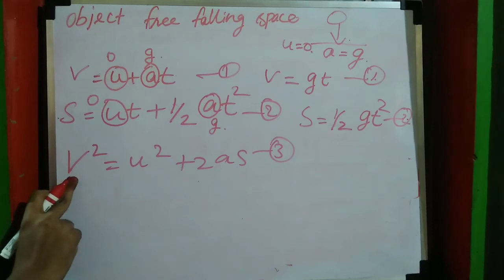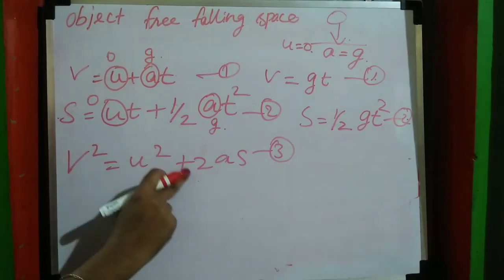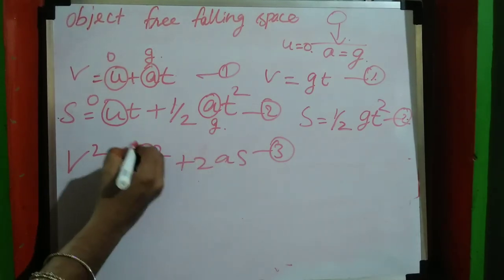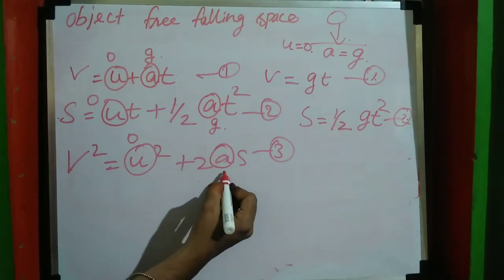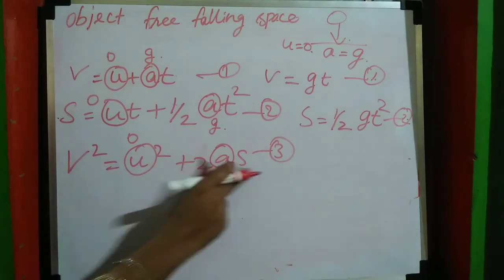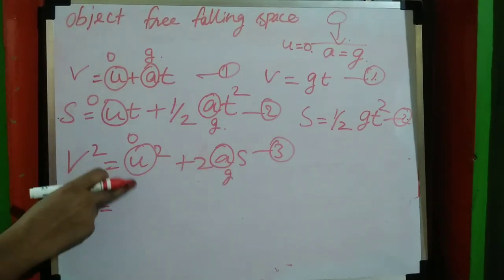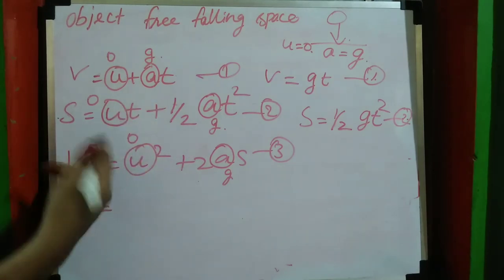Now see the third equation. v square is equal to u square plus 2as. The initial velocity u is 0, and write the acceleration value as gravitational g. Now write this equation. v square is equal to, this value is 0, so this value is cancelled.